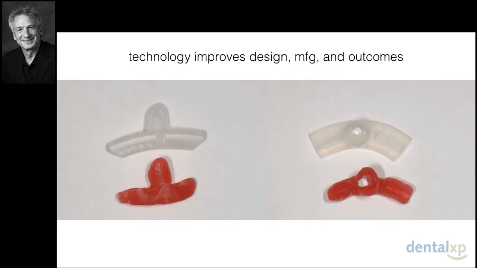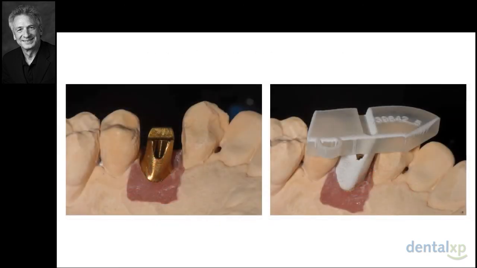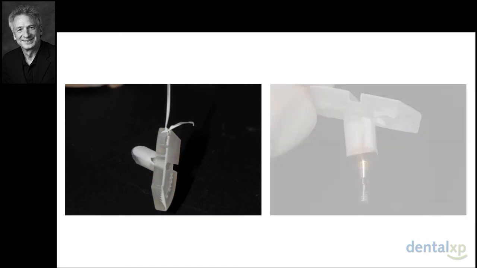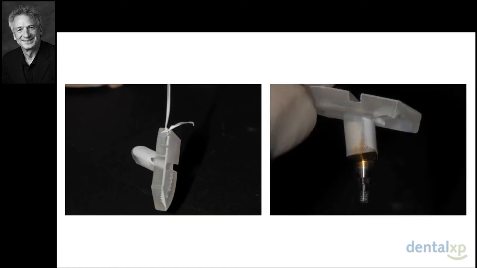In fact, if you just take a look at this, some of the benefits are, well, here's an abutment, here's the insertion guide, and you can see that we're holding the insertion guide and the abutment is not falling out. So two things here that were a benefit.